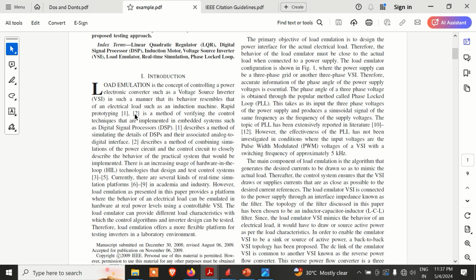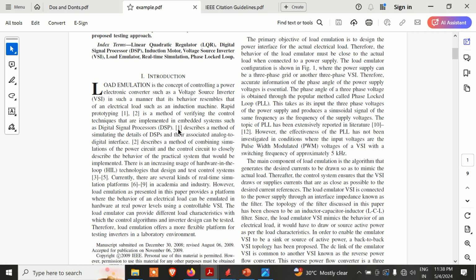Similarly, in the introduction section, we also referred to them in the same order. You don't need to explicitly say that so and so reference like that. If you put it in a square bracket, that itself indicates that you have referred to that particular reference with respect to this text.